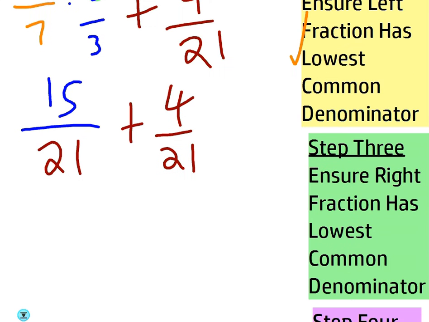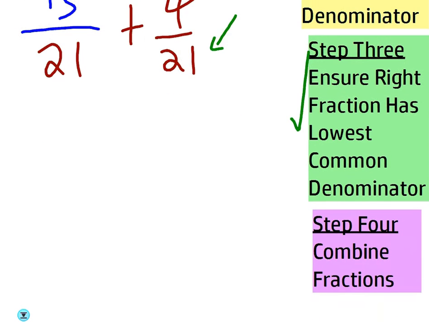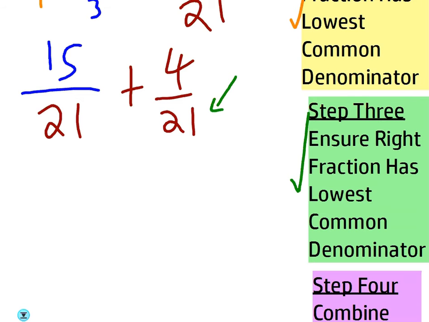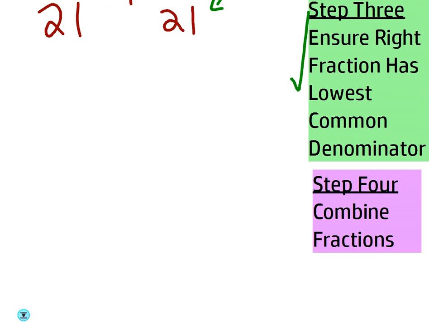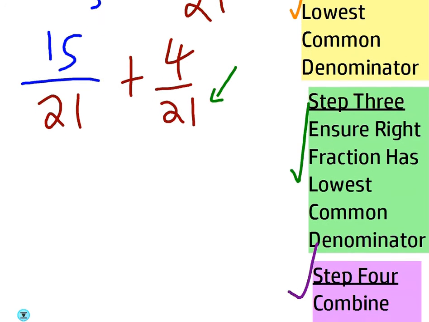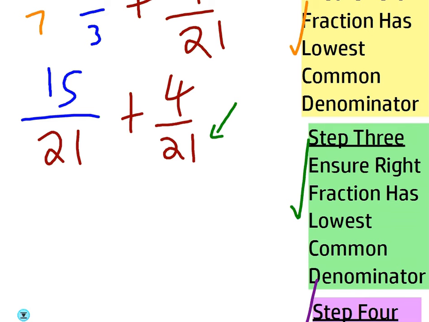All right, next step, ensure that the right has the lowest common denominator. It does. It's already 21. All right, so now that we've done that, we can combine the fractions. So that means all we have to do is add or subtract the numerators. So it's going to be 15 plus 4, which is 19, over 21.